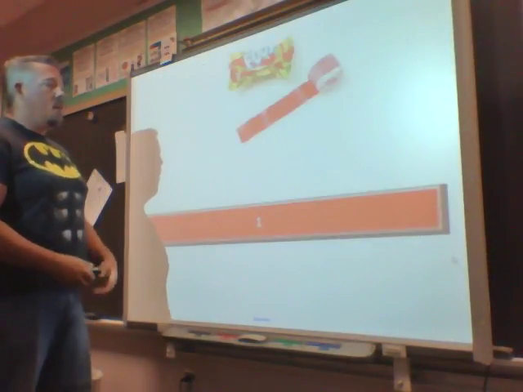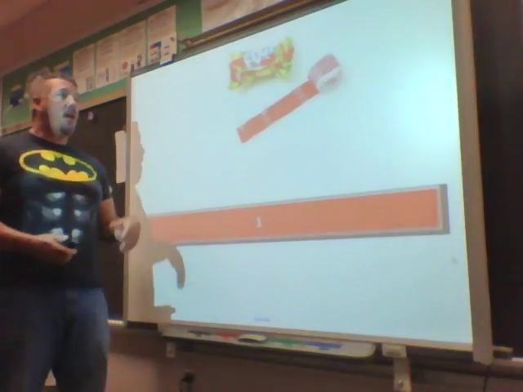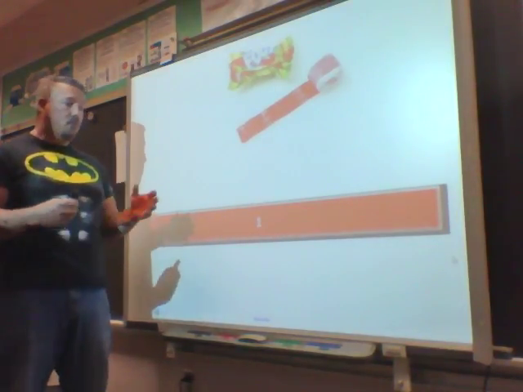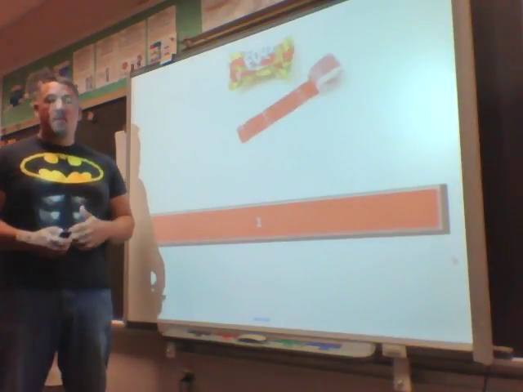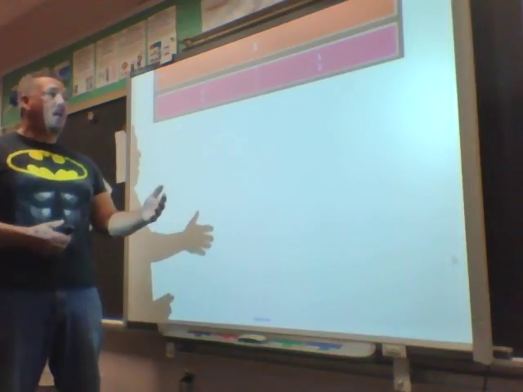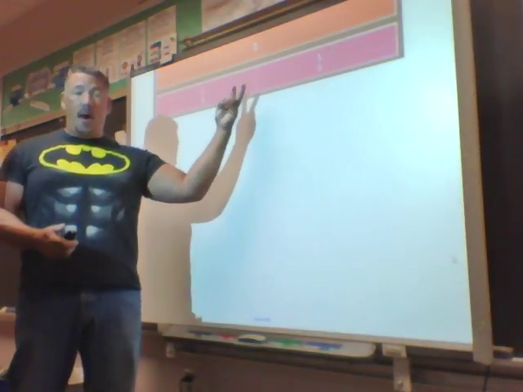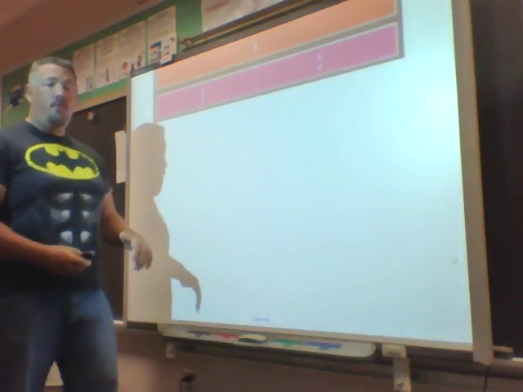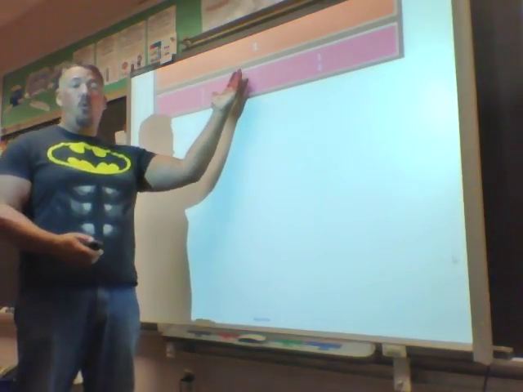Another scenario. Let's say during snack time you bring in a fruit by the foot. So you have 12 inches of fruit by the foot that you get to eat. But you had promised your buddy that the next time you brought it in, you're going to share with him. So you get to divide it in half. I would have 2 halves, therefore I still have the same amount as 1.